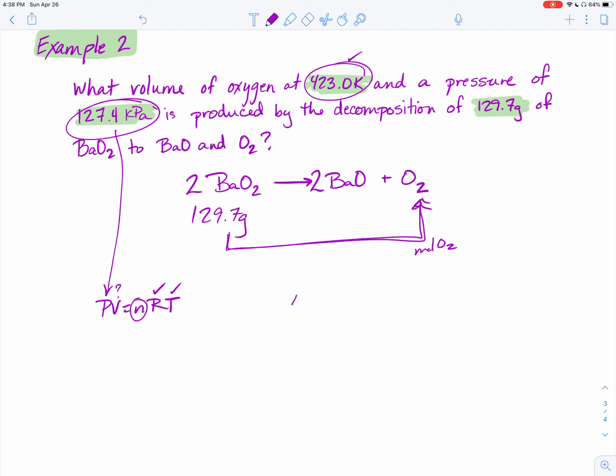So let's do that really quick. If you start with 129.7 grams of BaO2, we convert that to moles of BaO2 using its molar mass of 169.30 grams of BaO2 per 1 mole of BaO2. Then we use stoichiometry.